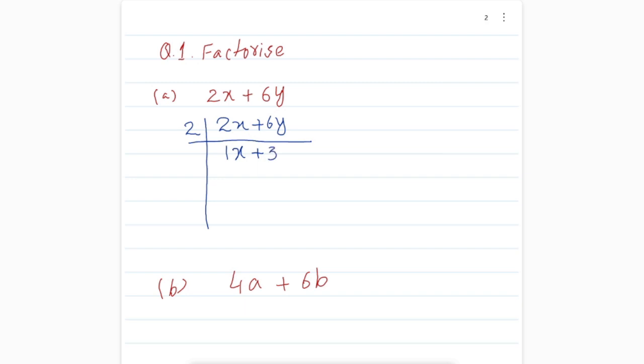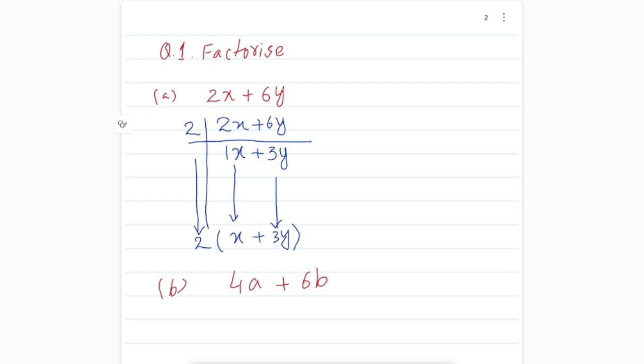It's obviously 3. Yes, you're right. And y. Now we can see that there is no more common factor. So 2 will remain outside of the bracket and the rest is 1x. So rather than writing 1x, we'll be writing x plus 3y.